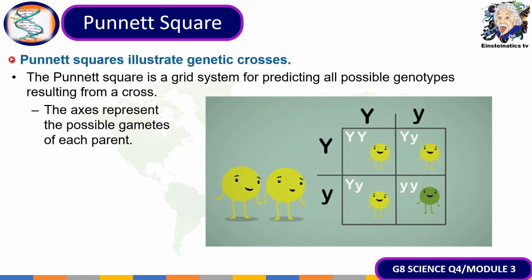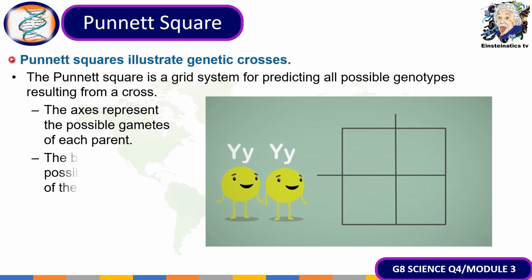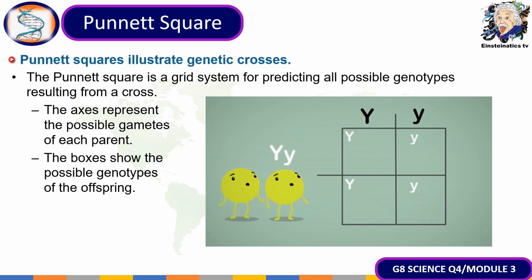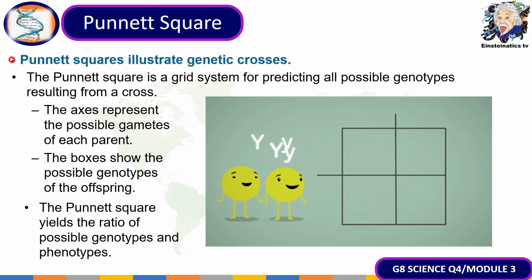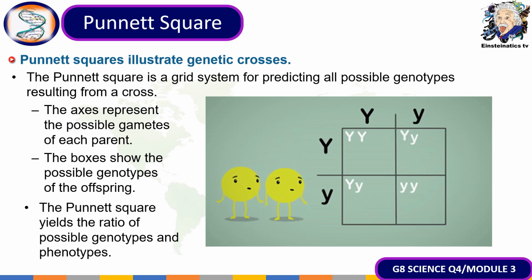Yung axis represents the possible gametes for each parent. Yung boxes naman shows the possible genotypes of the offspring. So, yung Punnett square also yields the ratio of possible genotypes and phenotypes. So, dito ilalagay yung mga gametes of the parents either from the male and the female. And this one would be now the genotypes of the offspring after the cross.